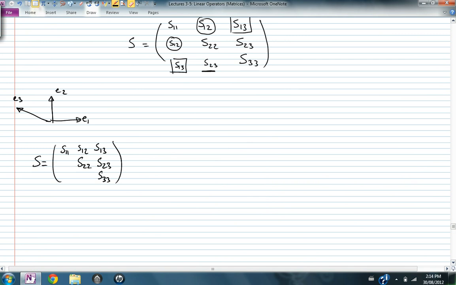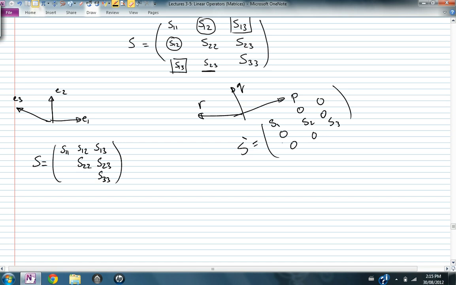Then there is another coordinate system. I'm going to call it P, Q, R. There is another coordinate system where this symmetric matrix can be expressed in a diagonal form. S1, S2, S3, and the rest are zeros.